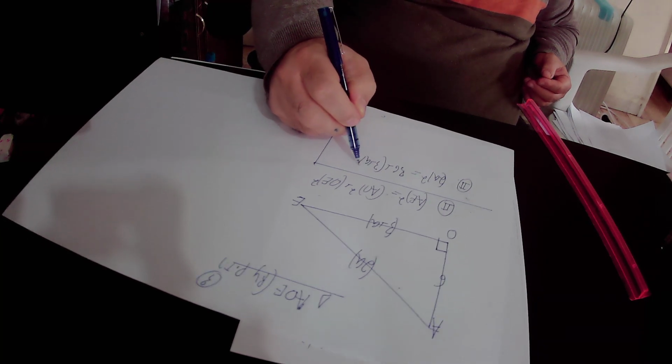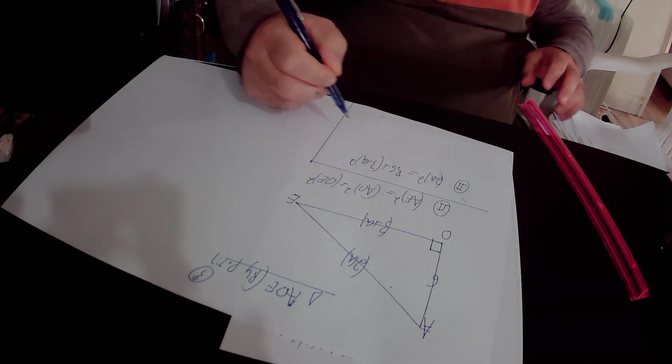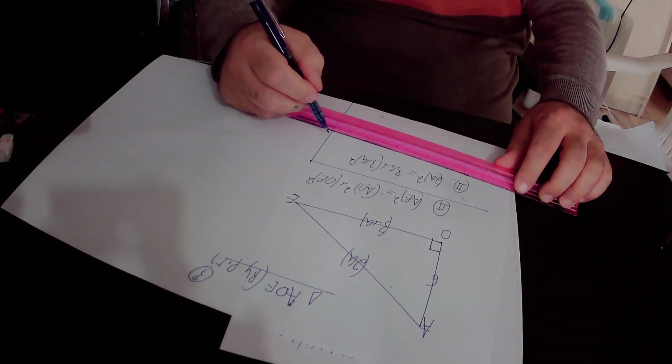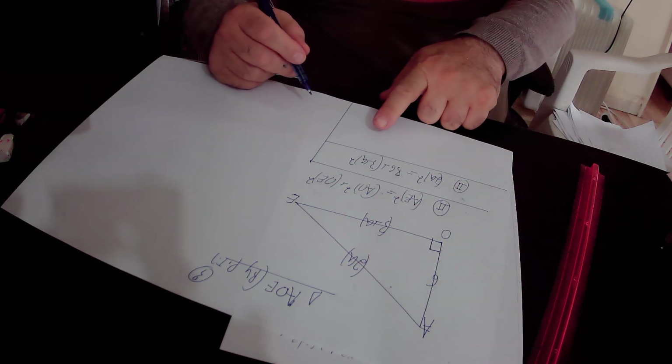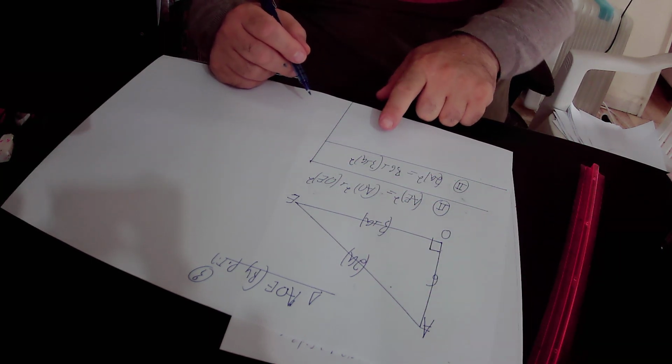So in conclusion, we found out that according to the Pythagoras theorem here, 2A squared equals 36 plus (3 plus A) squared.